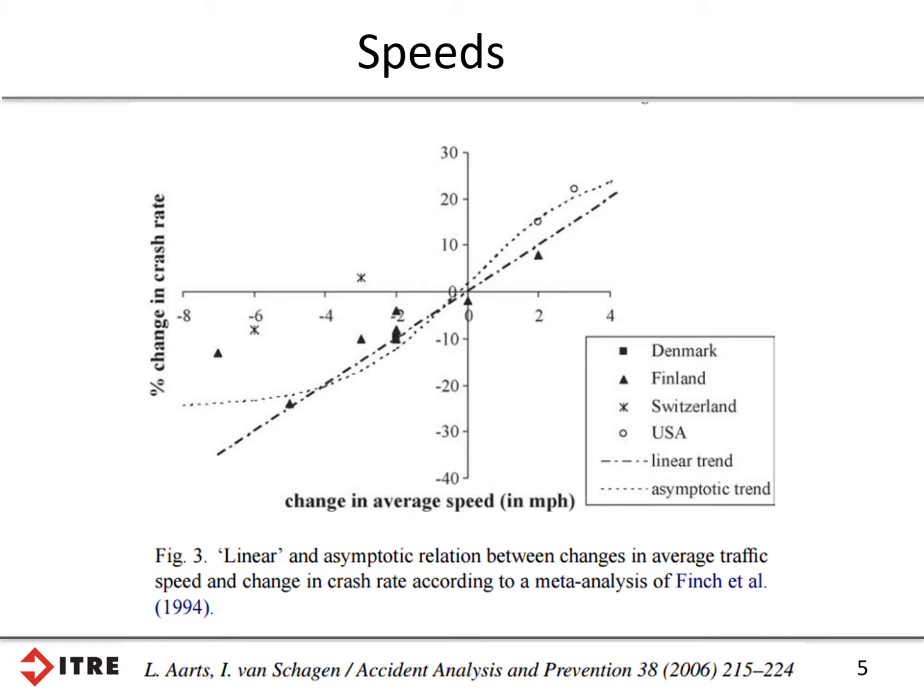On the flip side, if the average speeds increase, so for some reason drivers feel that they need to increase the speed overall, every 1 mile per hour results in a 5% increase in crashes. So it's an important thing to think about: if you can manage those speeds and keep them low or even decrease them, if you have a crash problem, you're going to improve that safety performance.